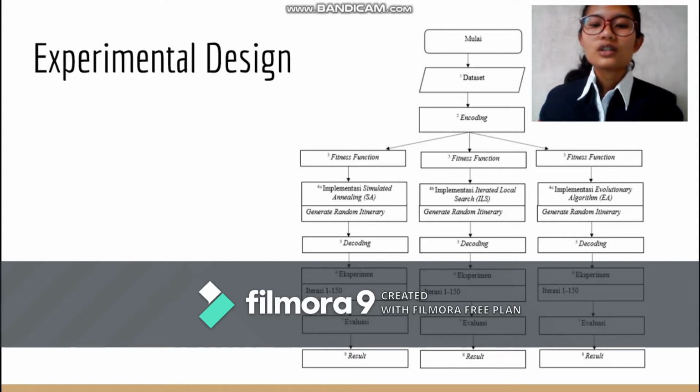The result of the implementation will be described. The algorithm will produce up to 150 solutions. The solutions will be evaluated using the MOORA method, and the resulting itinerary is more optimal.